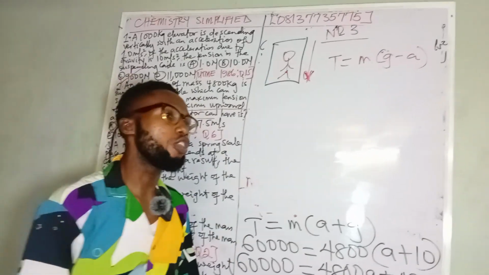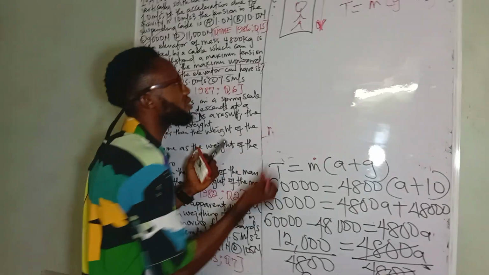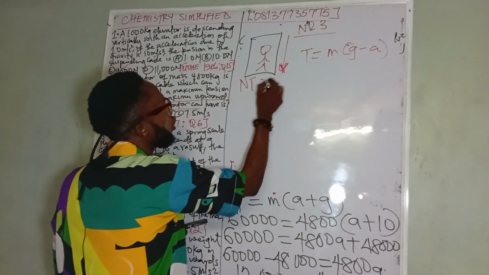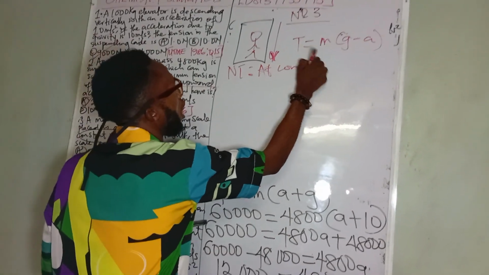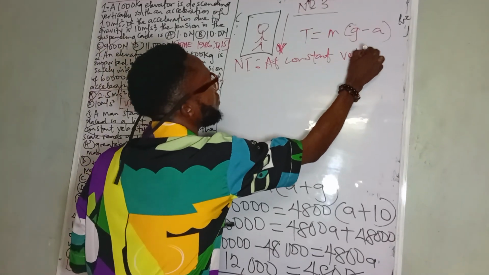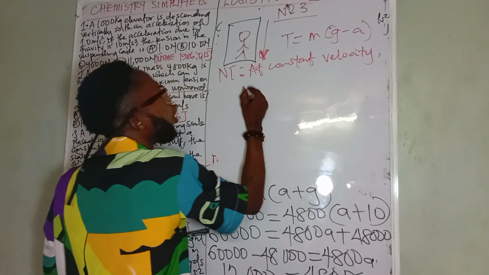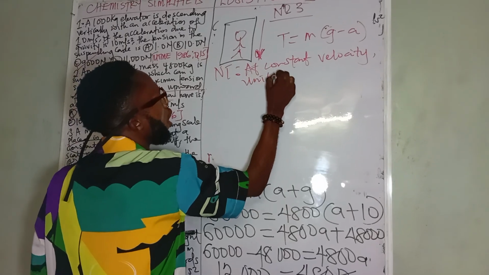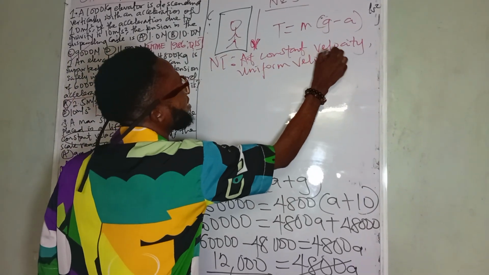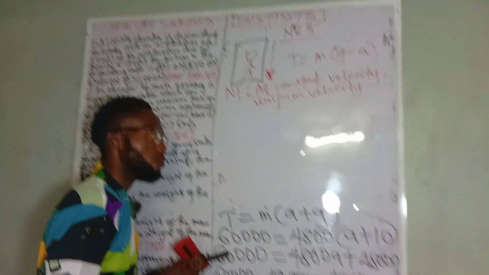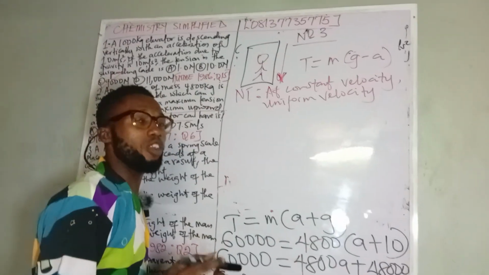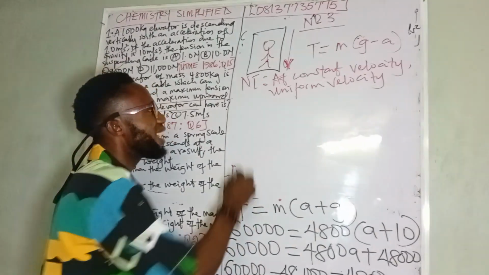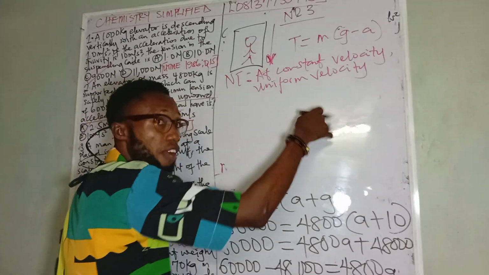Let me repeat. Don't forget, note that at constant velocity or at uniform velocity, and sometimes you will see in your physics under motion, they can just explain under VT graph.